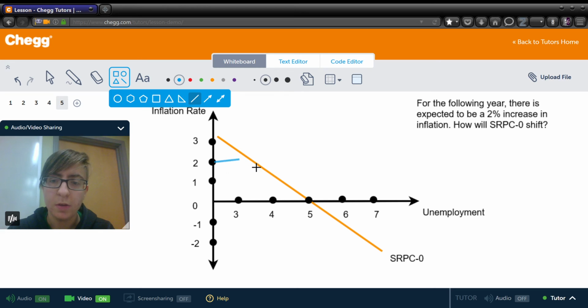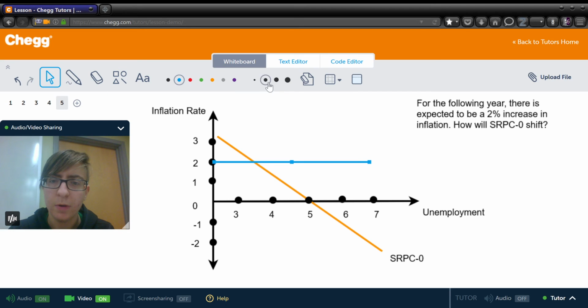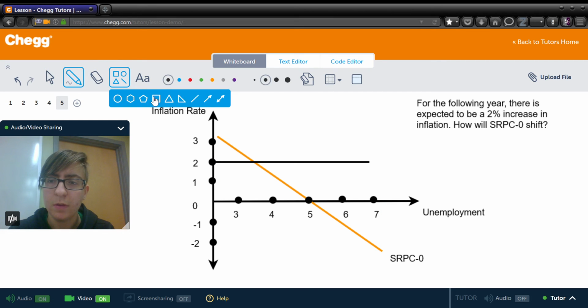So we want our curve to move up to here, and I'm making this line more for a reference for myself to draw this more accurately for you guys. We want it to shift 2%. So that means we'll make a new line that will go from 5 and cross through 2.